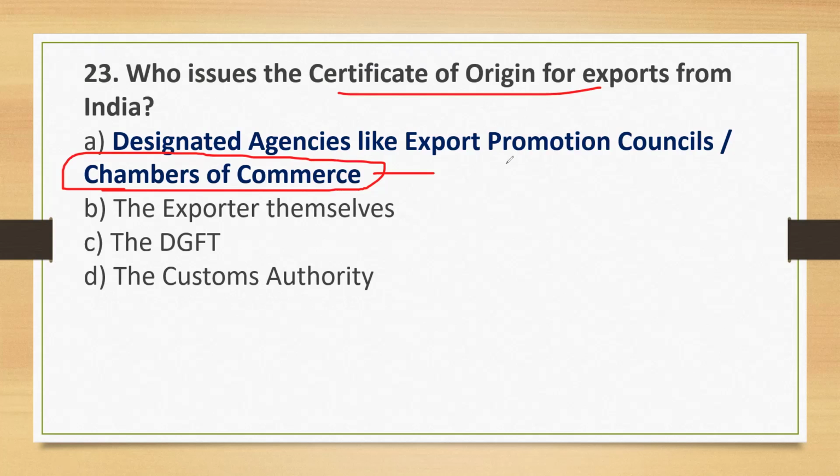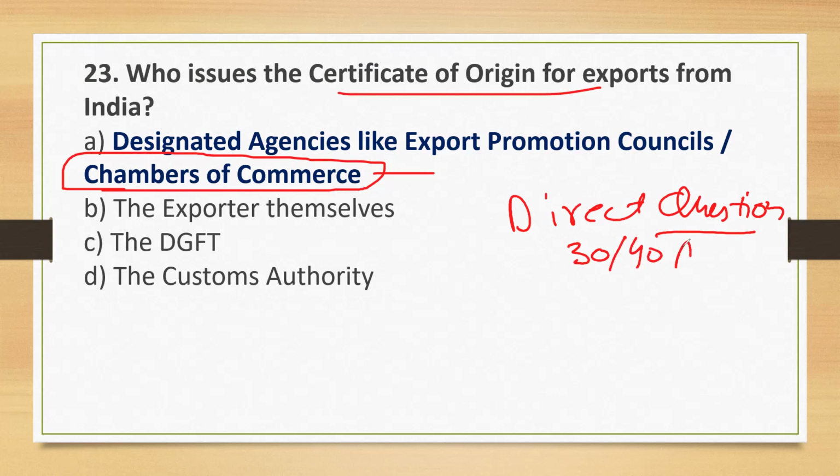So here we are discussing the direct questions. In the real exam, direct questions will be around 30 to 40 marks. Other than that, you have 10 to 20 marks of case study based questions, where some scenario and conditions will be given, and based on that you have to use your mind, your knowledge, and all the guidelines related to foreign exchange to answer the questions.